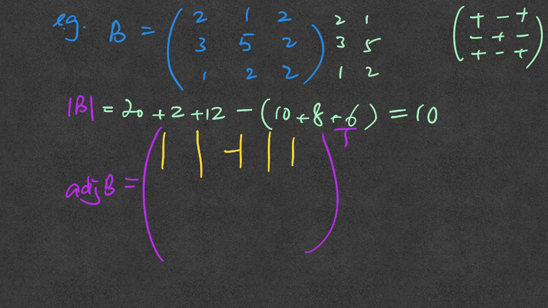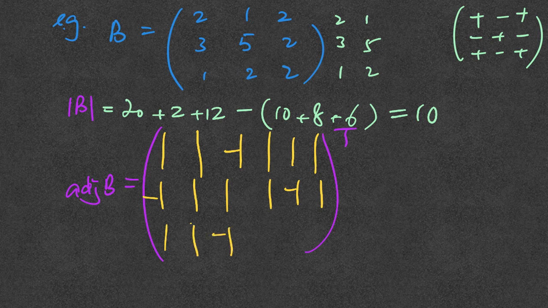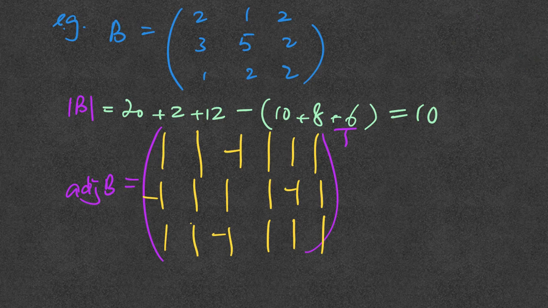But this is also one of my habits on working on the adjoints of a 3 by 3 matrix. Then you can fill in the numbers directly over there. But once again, you pause the video and you write down the numbers by yourselves.